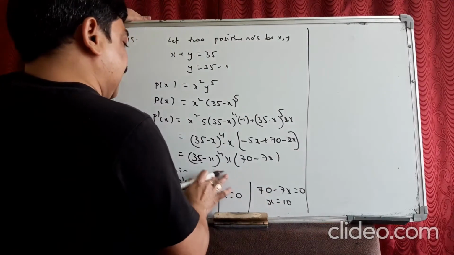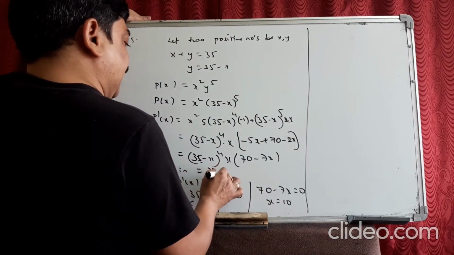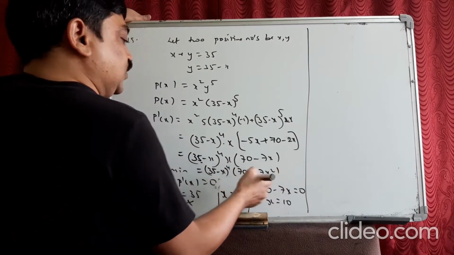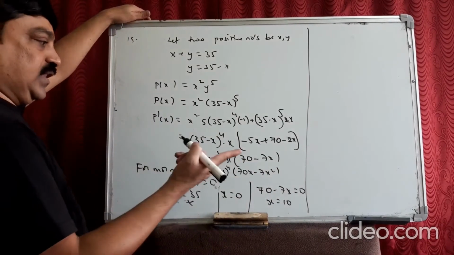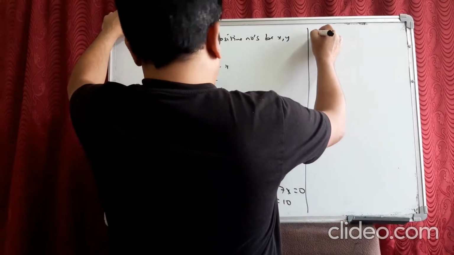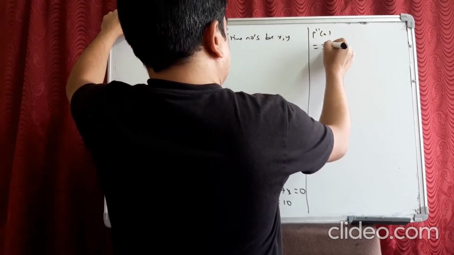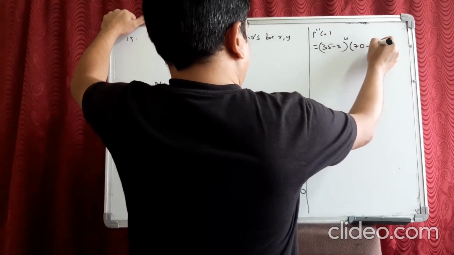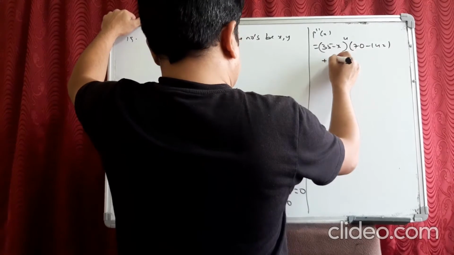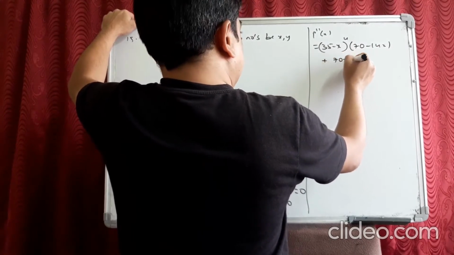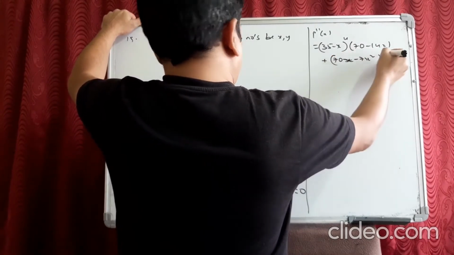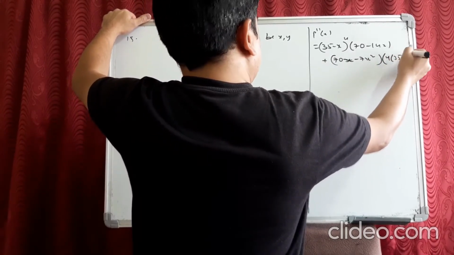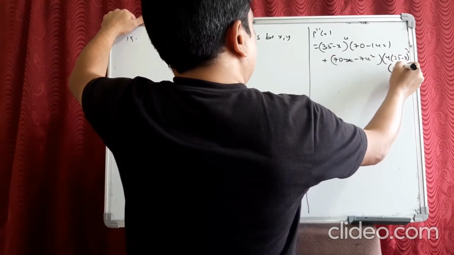I take it like this: 35 minus x power 4 into 70x minus 7x square. You can take it as UV rule. P double dash of x is 35 minus x power 4 into 70 minus 14x plus 70x minus 7x square into 4 into 35 minus x whole cube into minus 1.